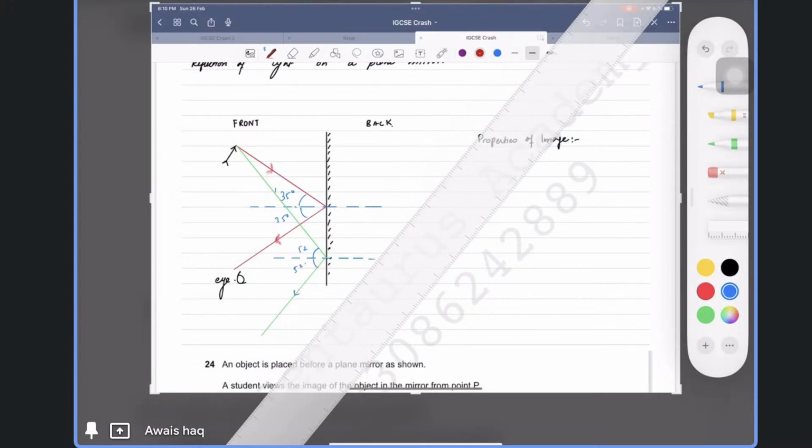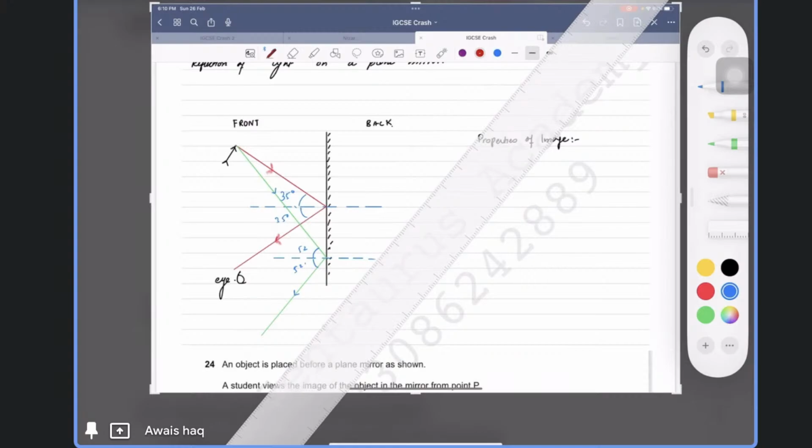And draw arrows. So once you've done two of these rays, you might see they're basically diverging from the eye. So if they do not meet at our eye, it means the eye would think those two lines are coming from behind the mirror.